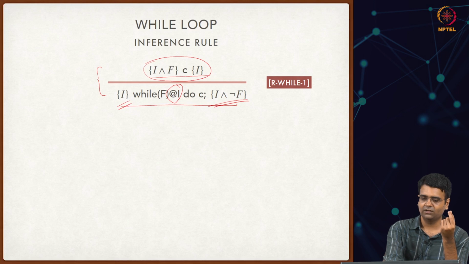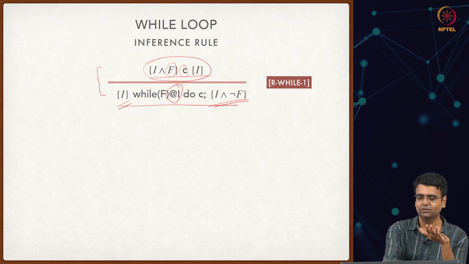Okay. So intuitively, what does this mean? It means that if you start the while loop in a state which is in I, and you enter the body of the loop, which is c, you can enter the body of the loop only if f holds. So now my premise says that if you start in a state where I and f hold, and if you execute the body of the loop, you are guaranteed to end up in a state in I. So this means that I does encapsulate all the states which will appear at the end of any iteration of the loop, and all those states will then transfer to the beginning of the next iteration.